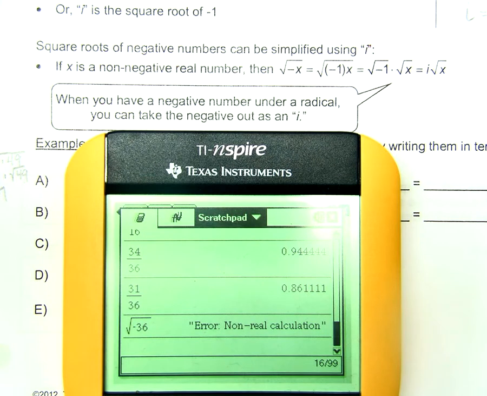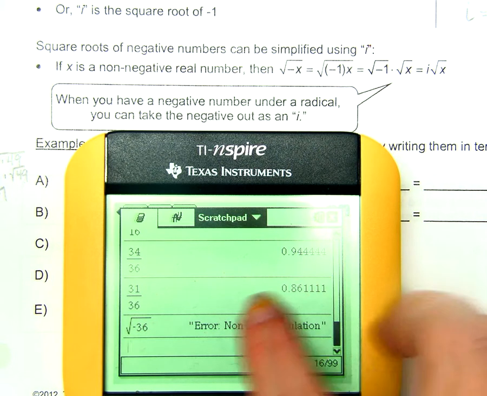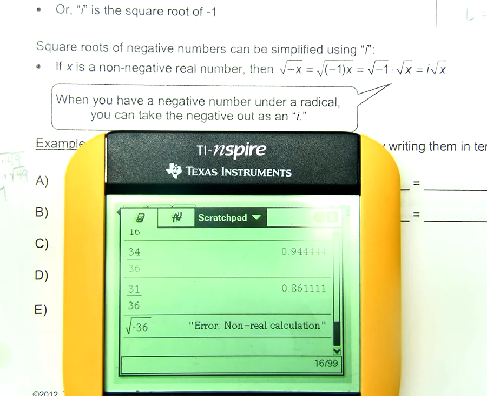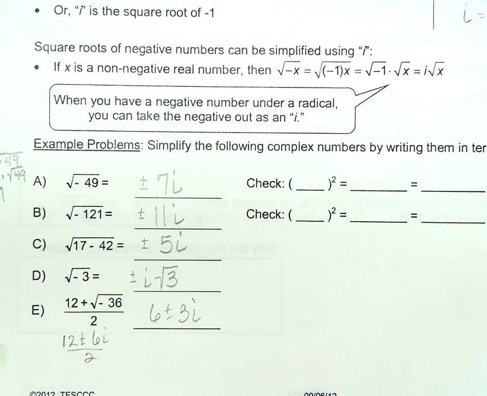I do not know how to change the mode of this calculator yet. On the other calculators, there was a mode where it was either real or imaginary. I honestly don't know how to change the mode yet. So if any of you know, or can figure it out, please let me know tomorrow. I'll also look and see if we can find it. I know where the i is. I just don't know about the mode. We can talk about that later, though. Jordan, that was a good question.